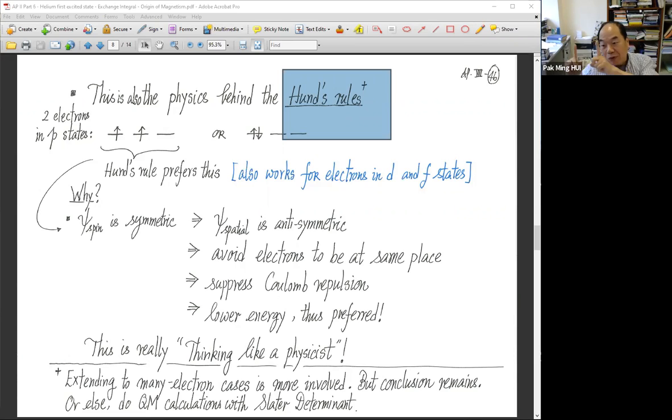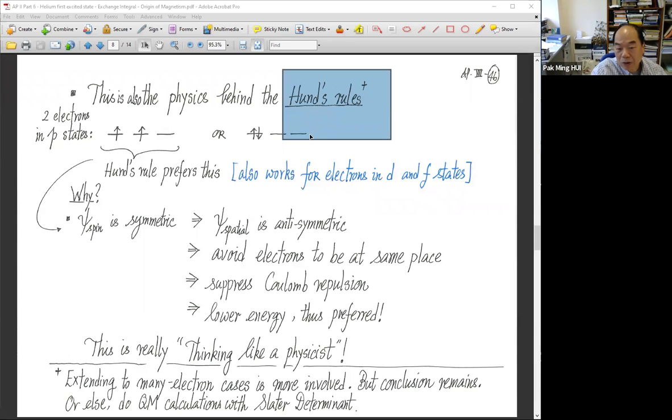Do you put up-down into one, another up-down, and then run out of electrons, or do you try up up up up, or down down down down? They are equivalent. Hund's rule tells us that the lower energy will be achieved by up up up up, or down down down down, but don't pair up too soon. That is what Hund's rule does.